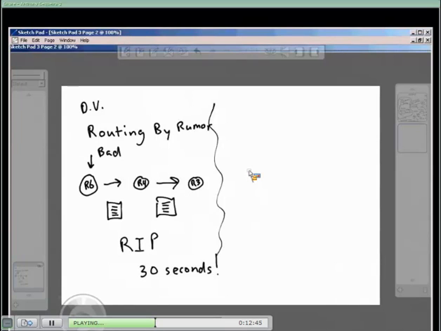So we have to be very, very careful with our routing by rumor distance vector protocols. And we'll see later on mechanisms that are put in place to solve the many problems that distance vector routing protocols can introduce. Link state routing protocols, on the other hand, they don't route by rumor.